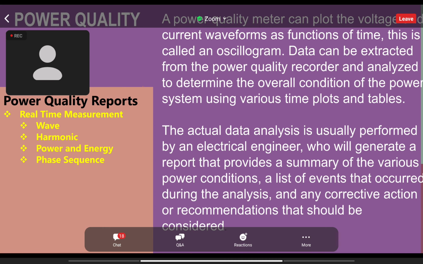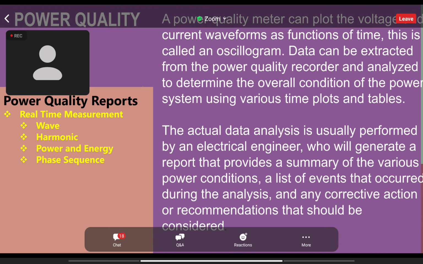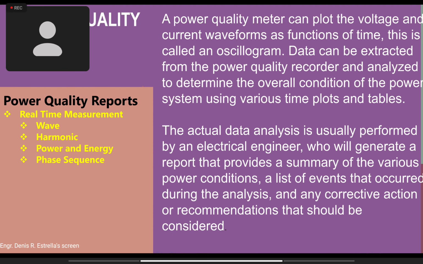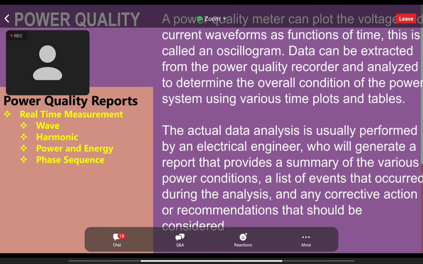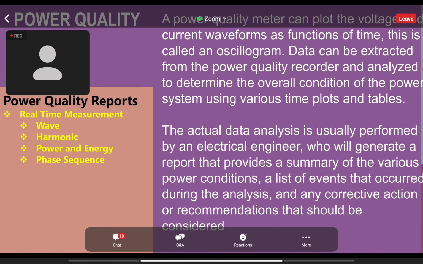The actual data analysis is usually performed by analytical engineers, of course, kasi tayo yung mayroong deeper understanding on how the system behaves and how we can use that information for improvement. We will generate a report and provide a summary of the various power conditions of the system. We can list the events that occurred during the analysis and any corrective actions or recommendations that should be considered. So, yun yung gagawin natin.